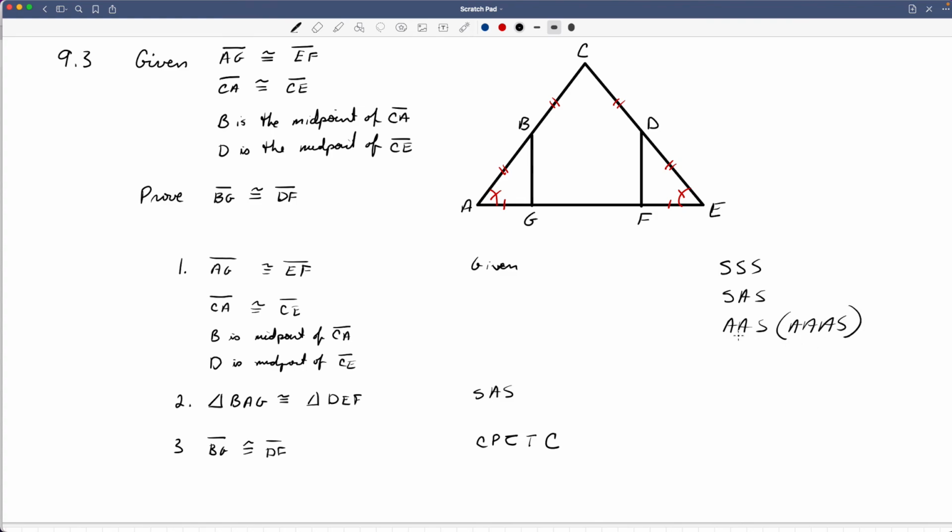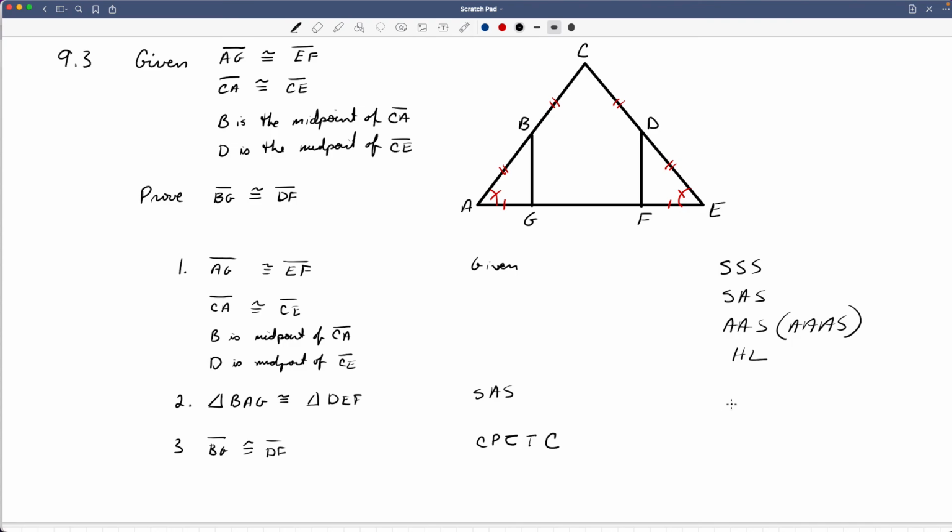It's just, some people like to write angle, angle, side, because if two angles are the same, the third one's going to be the same, because we know the nature of a triangle, right? Some people like to spell it all out. It's the same thing. Or hypotenuse leg. Those are the four main ones that you're going to use.